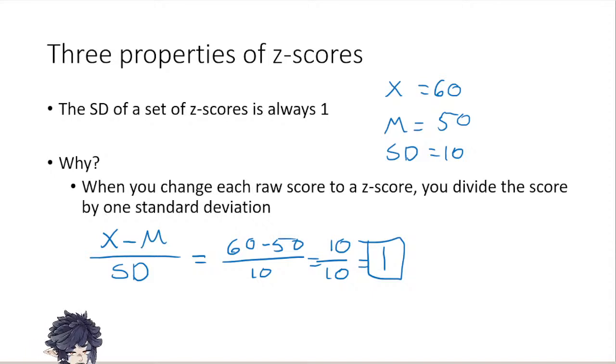That is why the standard deviation of a set of z-scores is always 1, because 1 z is 1 standard deviation. And again, mathematically, if you're 1 standard deviation above the mean and you plug that into the formula, you will end up getting the result 1, because you end up dividing the standard deviation by itself.